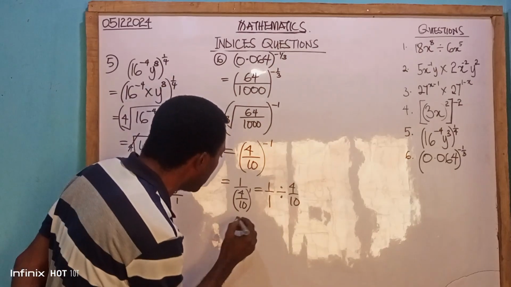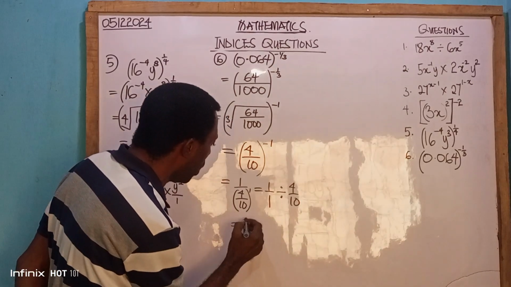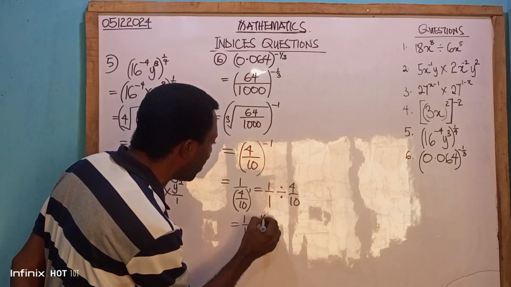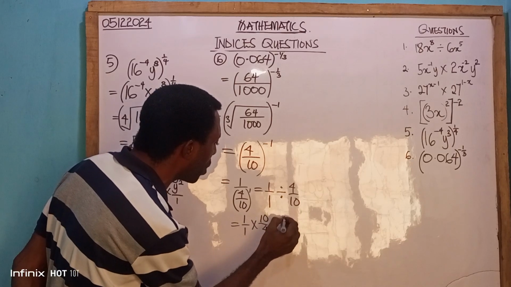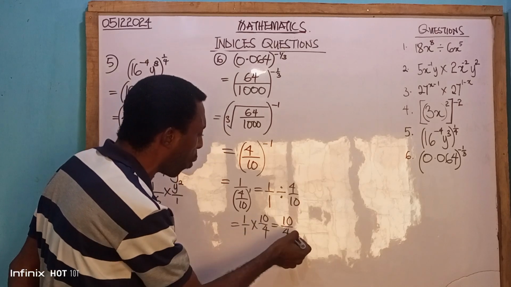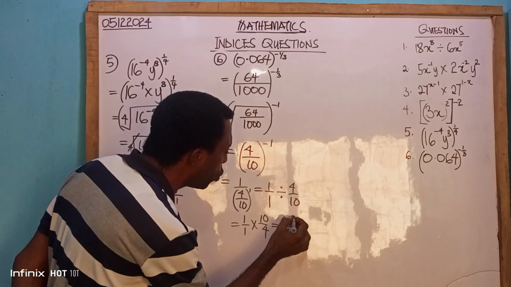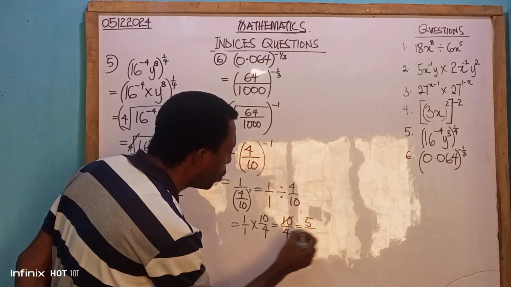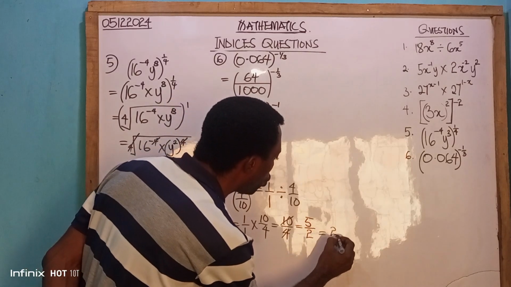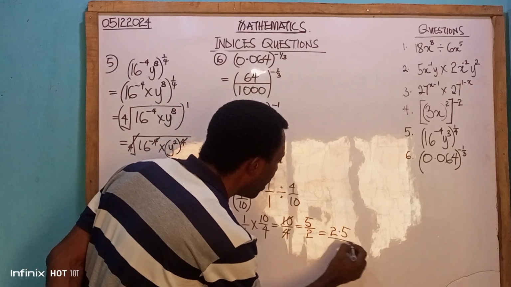Then the next thing will be 1 over 1 multiplied by 10 over 4. That will give us 10 over 4. 1 times 10, 10. 1 times 4, 4. So we now have 2 here, 5, 2 here, 2. So our final answer will now be 2.5. That's our final answer.